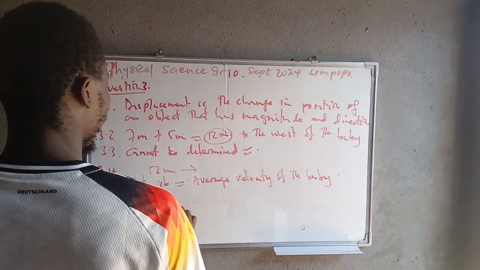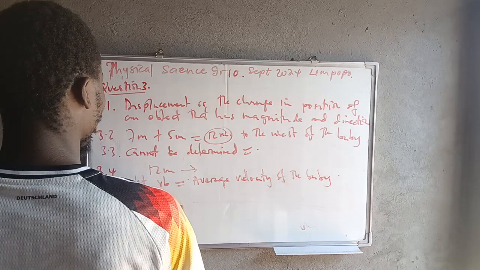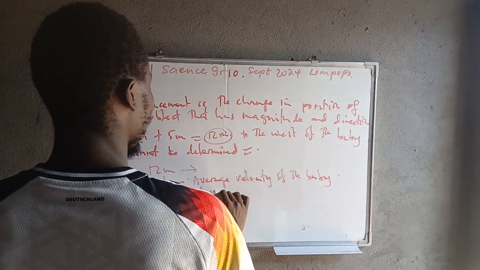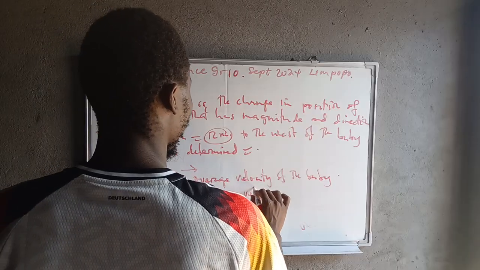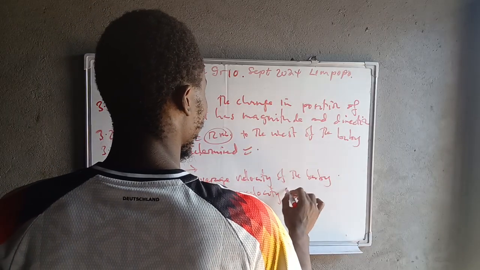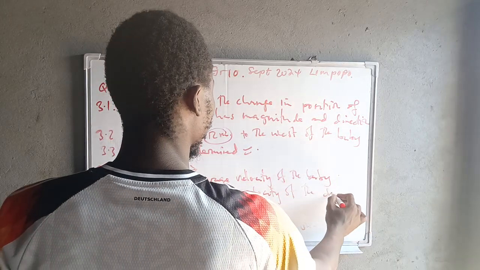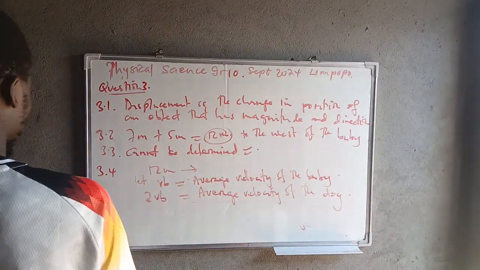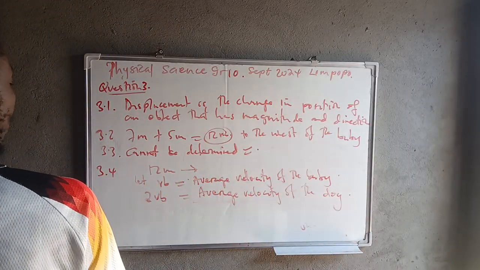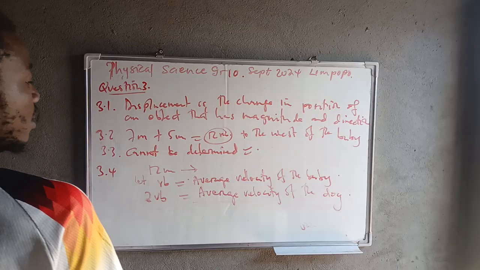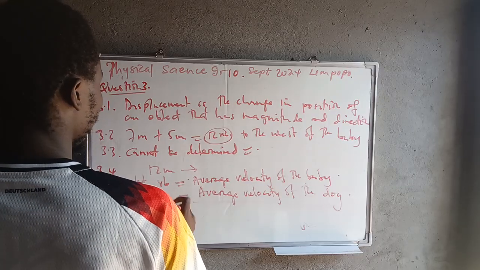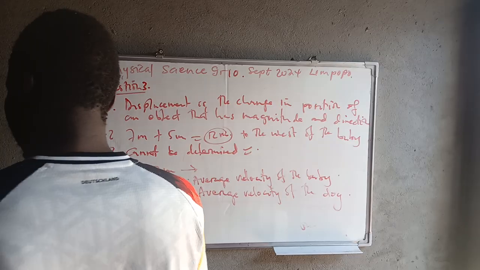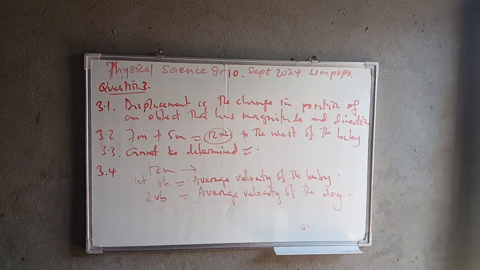That means the average velocity of the dog will be 2 VB, because the velocity of the dog is twice the velocity of the baby.